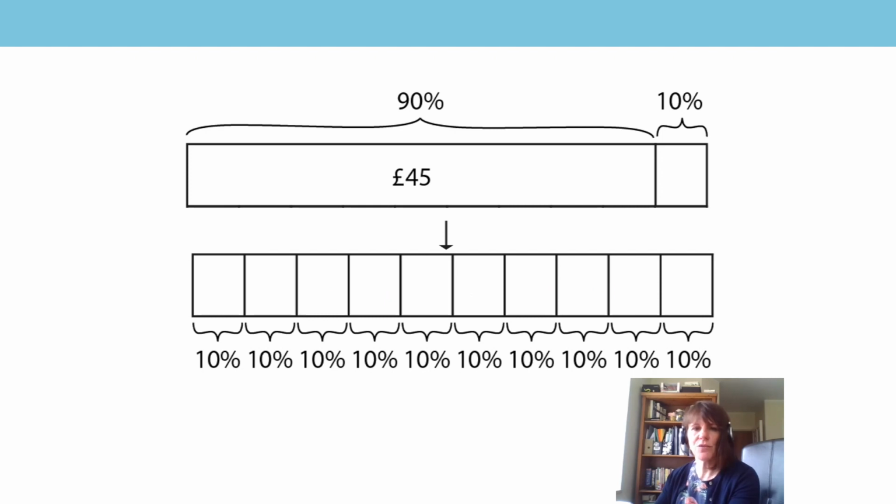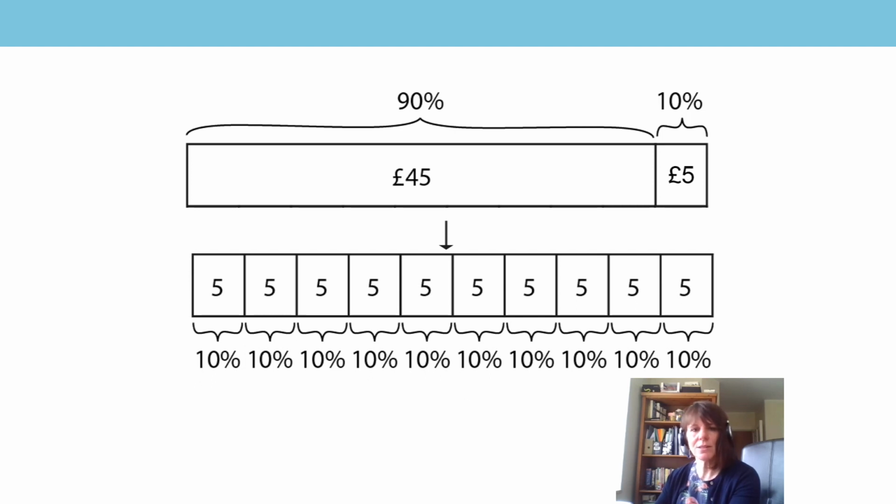So £45 represents 90%. So to find 10%, I'll need to divide by 9. So what does this part here represent? It represents 10% of the original price, and 45 divided by 9 equals 5.